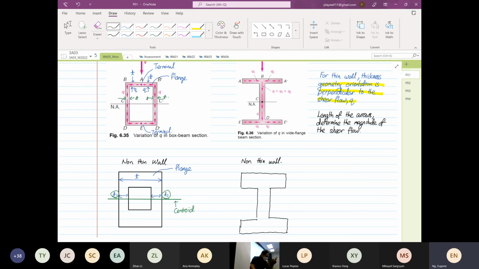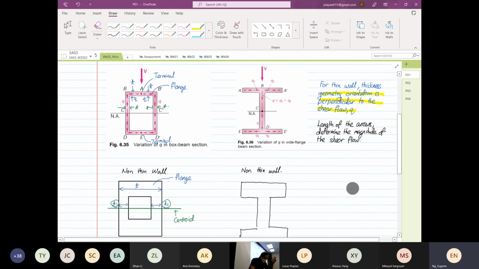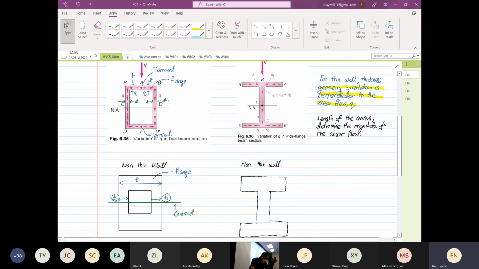Now let's look at the wide flange. On the right hand side is what we call the wide flange. Then we look at the non-thin wall. If we look at the flange, as you can see, this is the thickness. Let's say we want to find a point down here known as alpha.